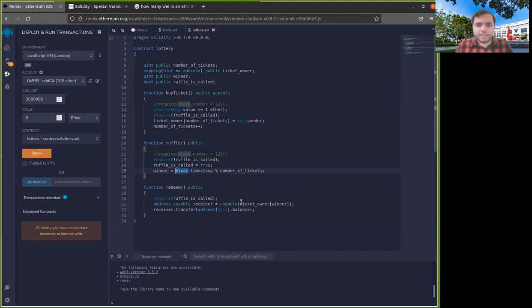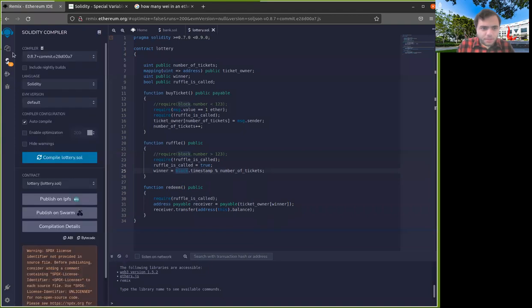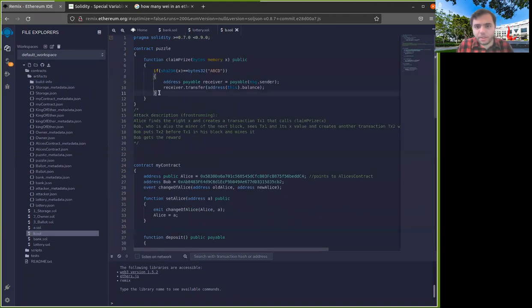And as we talked about, I think 3 sessions ago already, let me see if I can find it. Okay, here we talked about the front-running attack, right?